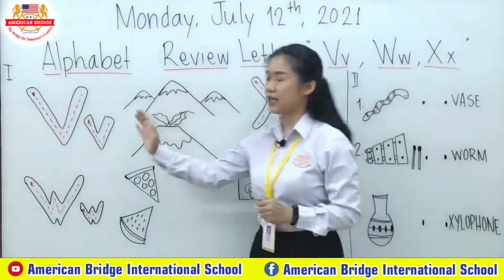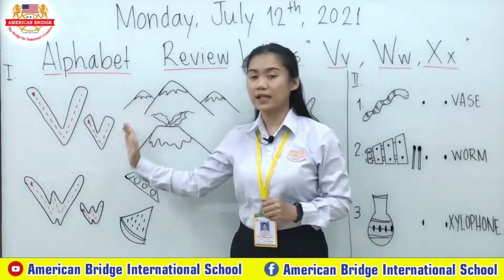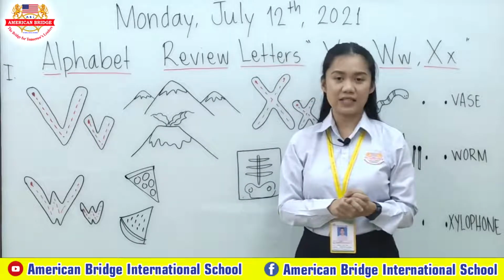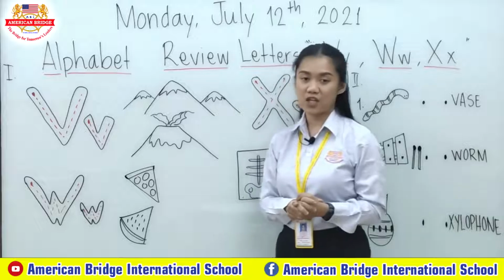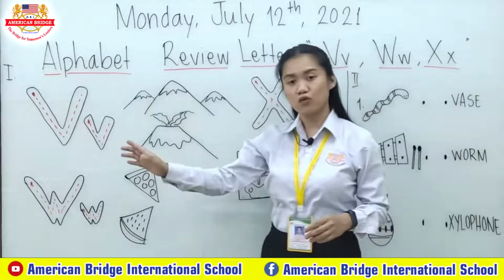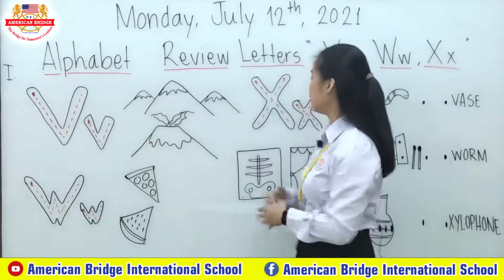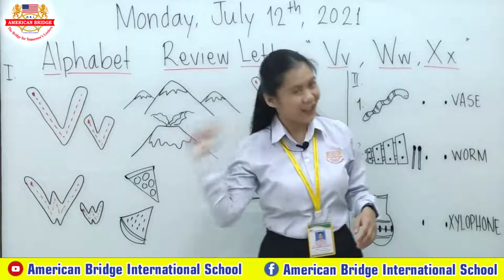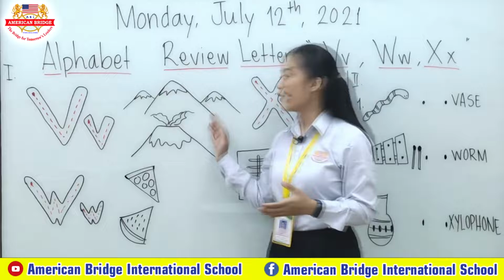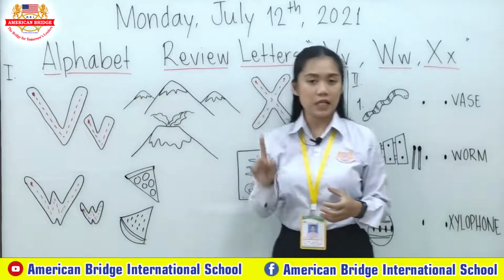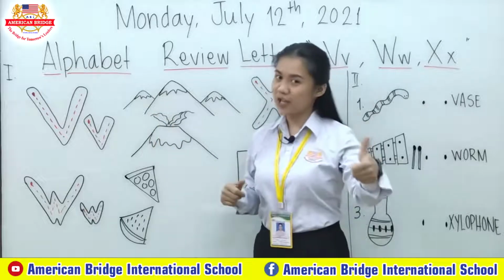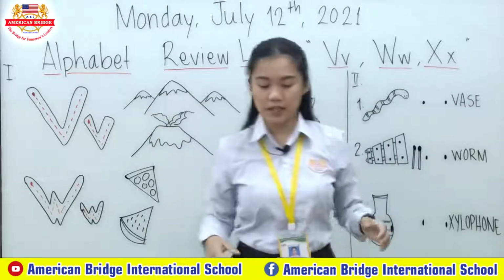As you can see, we are going to trace the letter, and then after that, we need to identify which picture begins with the letter V. And then we are going to what? Color. Yes. So you are going to trace, identify, and then color the picture that matches our letter. Can you do that with teacher? Alright, so let's start, everyone.